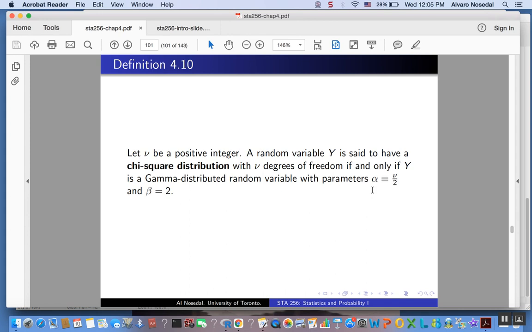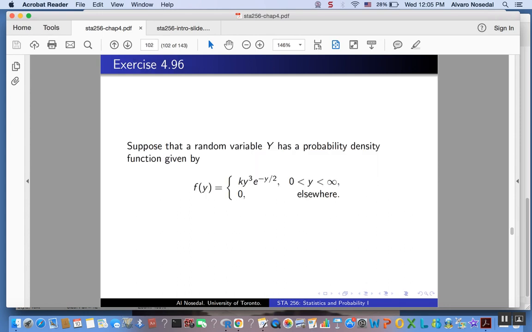So let's talk about an example. You can see that it is not that hard to deal with chi-square distributions once you have dealt with gamma distributions. Okay? So let's try and do this exercise together.